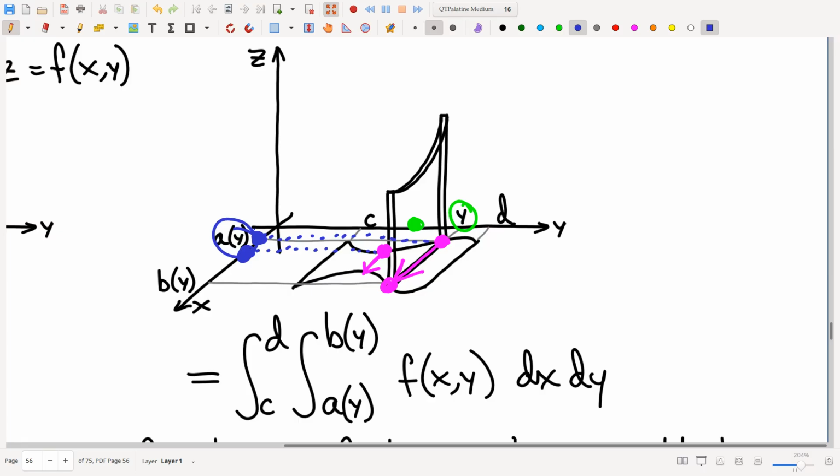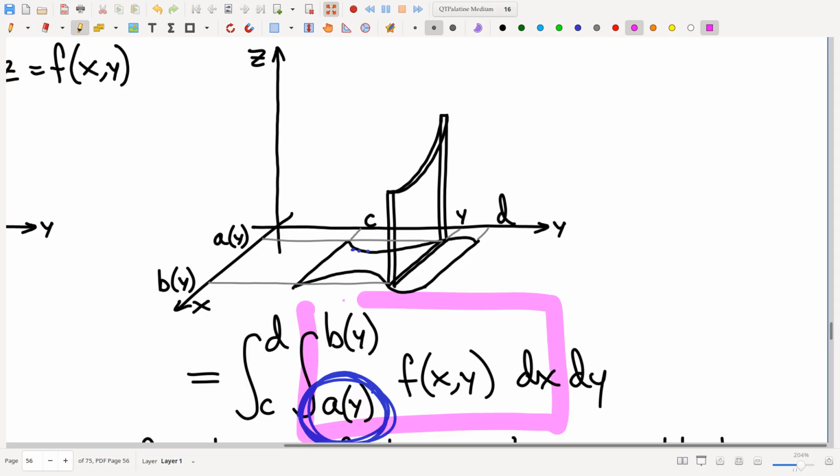So, okay, no big deal. I just have to recognize that this lower bound is a function of y. Now again, oh my gosh, scary, creepy, bounds are allowed to be functions, oh my god, right? Is that okay? It's perfectly fine. Because don't forget, while you're looking at that inside integral, for the purposes of that inside integral, the outside variable is constant.